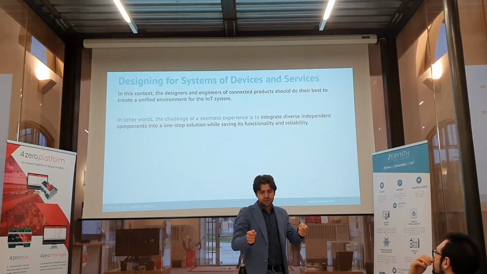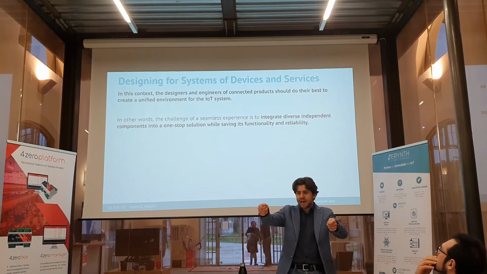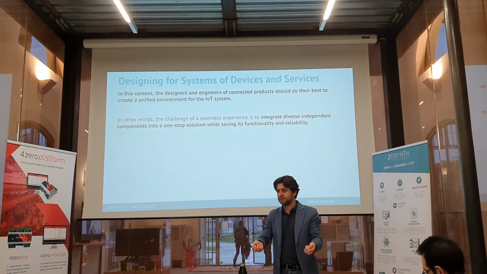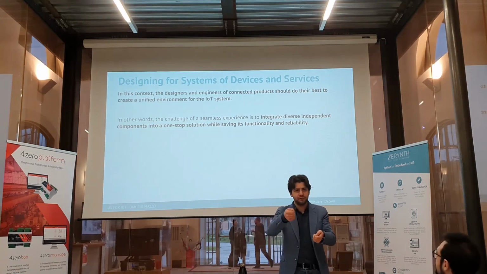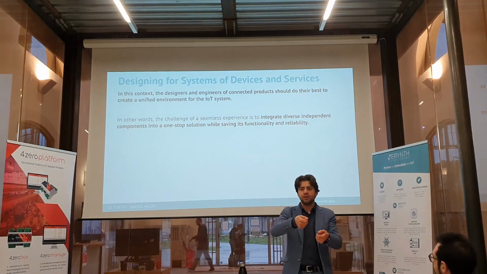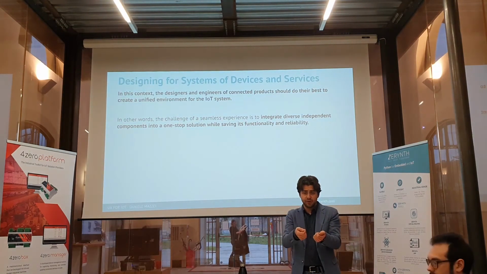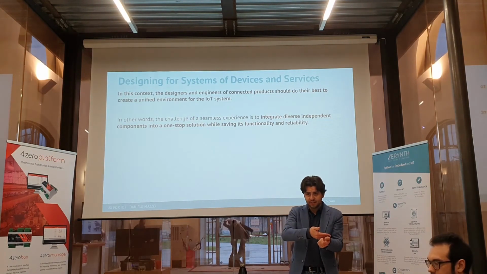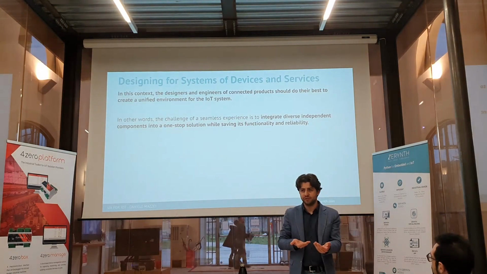So the trick is to try to integrate all the elements in an overall experience. So all the single interfaces, all the single functionality, all the features of the system should be analyzed as distributed among all the interfaces.